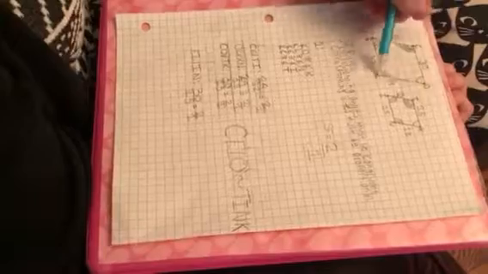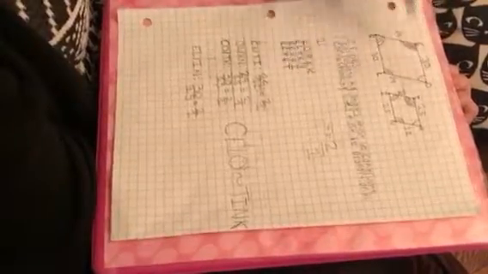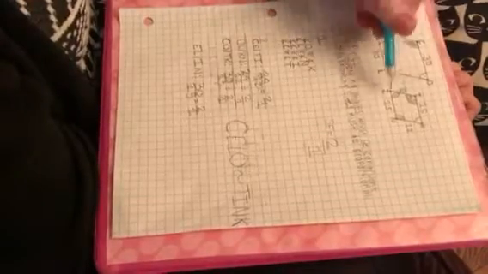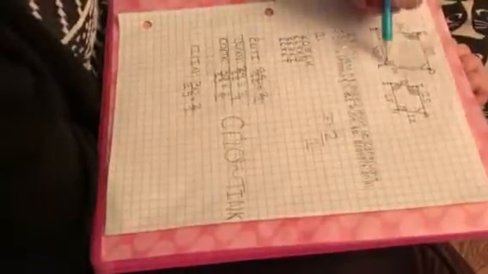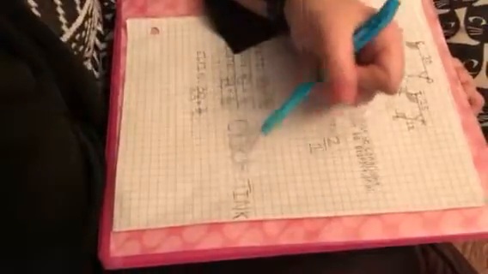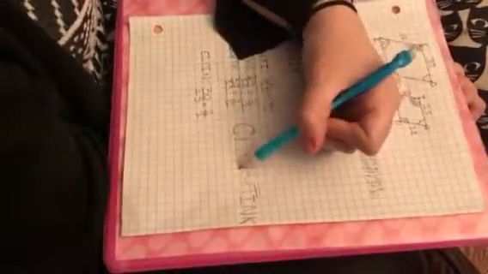So CELO, C corresponds with T, so it would be T, E goes to I, L goes to N, and O goes to K, which means that the similarity statement is CELO is similar to TINK. And there you have it. That's how you prove polygons are similar.